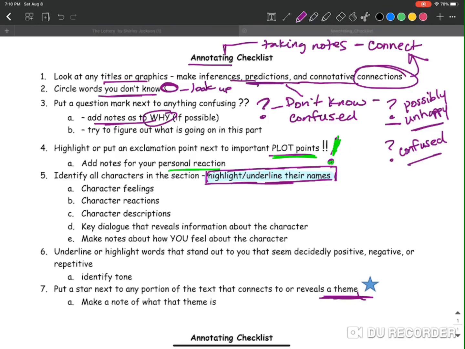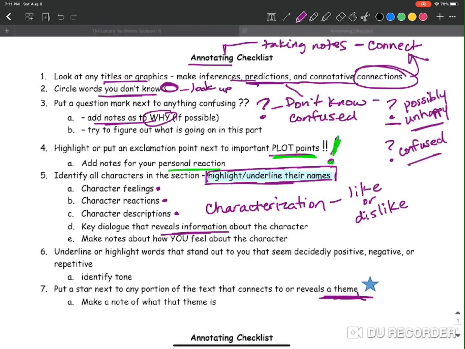A lot of times you encounter their feelings, you encounter their description. It's very possible that you'll encounter their reaction to stuff, or that information will be revealed about them. And this is all connected to characterization. This is what makes you like or dislike a character.